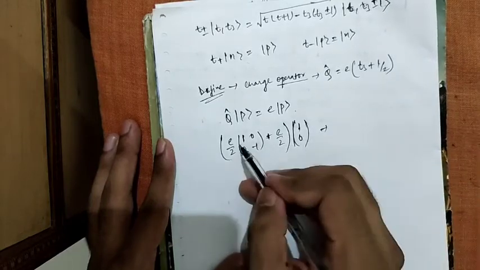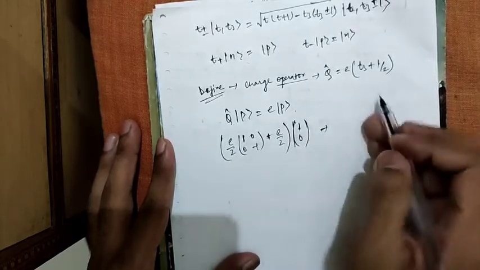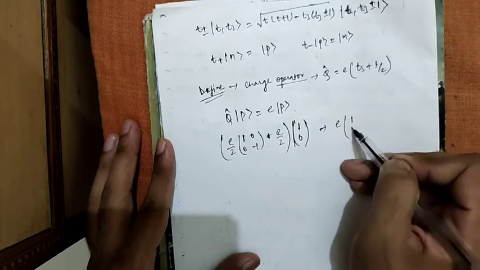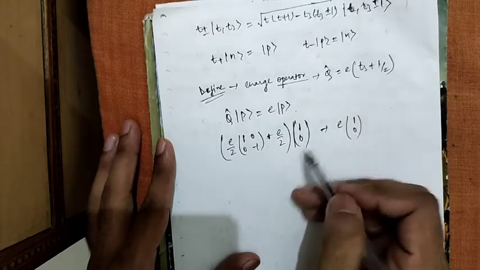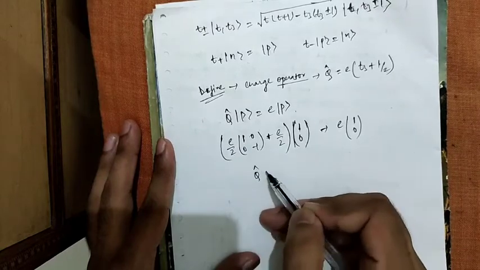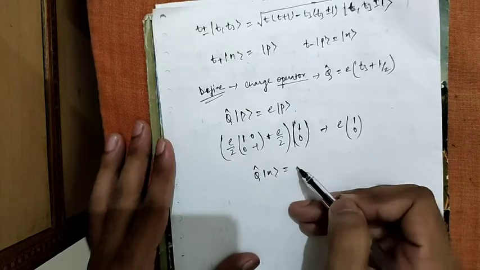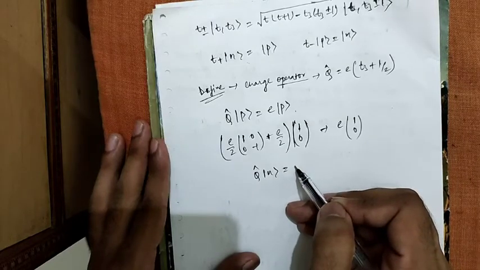Calculating this, we end up with e times (1, 0).